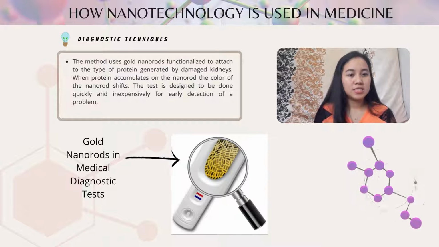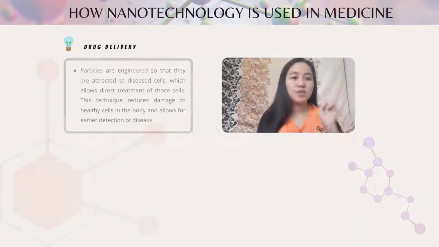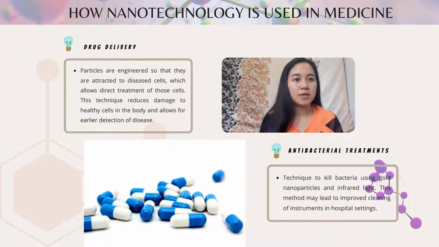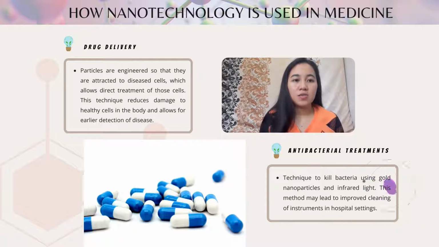The test is designed to be done quickly and inexpensively for early detection of a problem. Number 2 is drug delivery. Particles are engineered so they are attracted to diseased cells, which allows direct treatment of those cells. This technique reduces damage to healthy cells in the body and allows for early detection of disease.